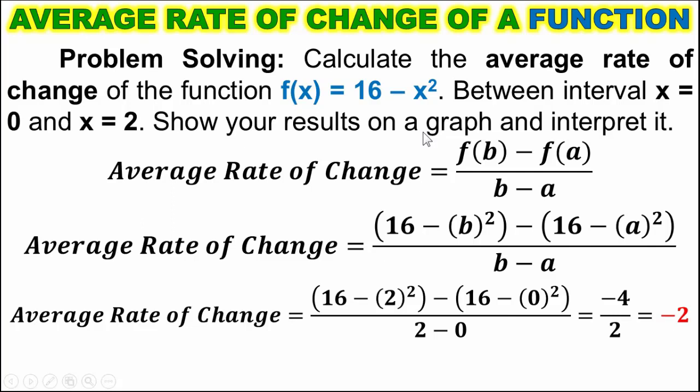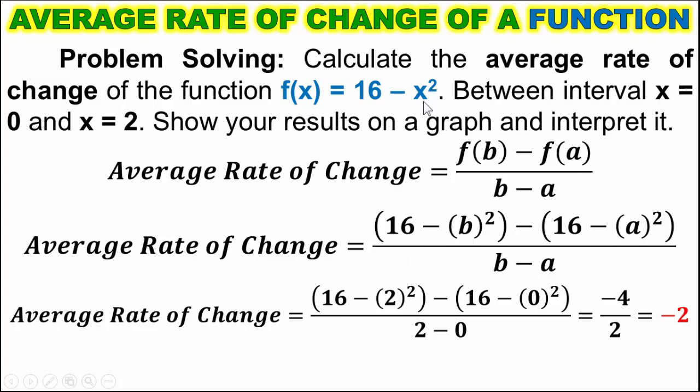Again, we substitute the value of b with the end of the interval, which is 2. And then we use the definition of the function, which is 16 minus x squared.